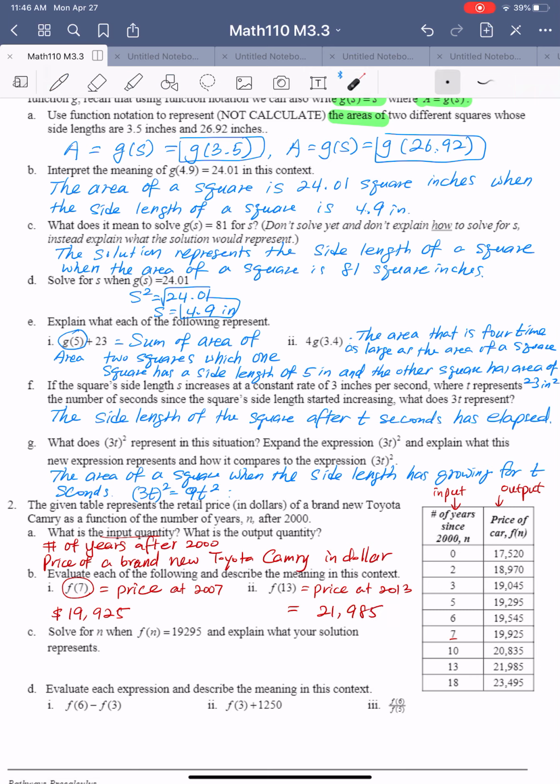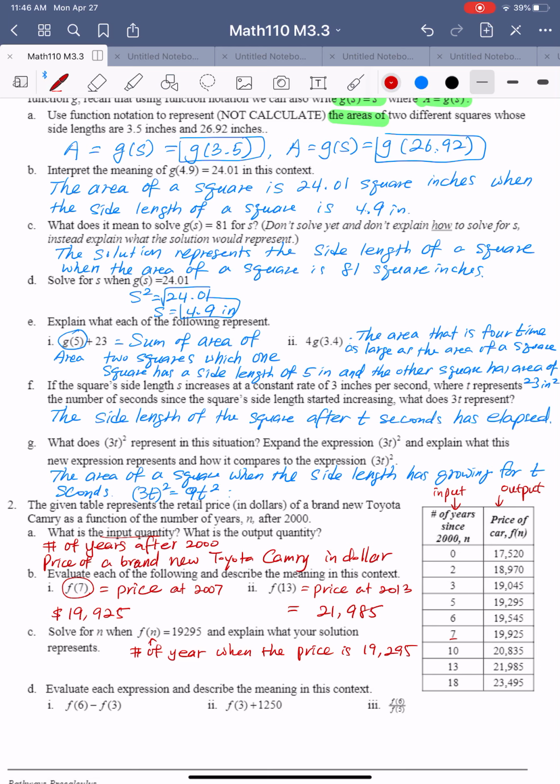So you can just look at this one, and then 7, you look at this one. And for n, f of n equals 19,295, which means we're looking for the number of years when the price is 19,295.